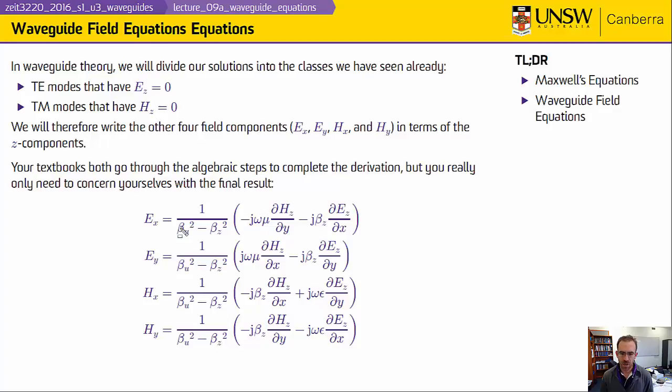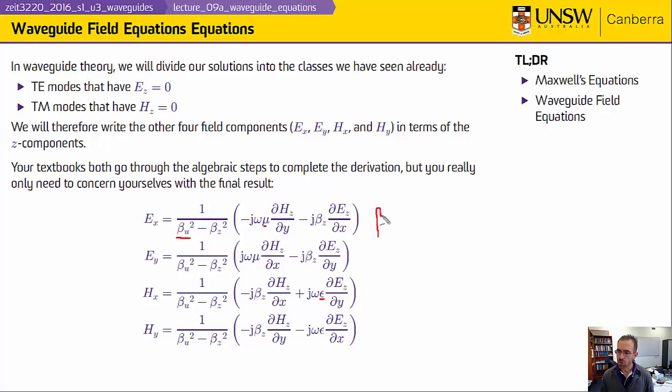Okay, we are going to use a notation that's just a little bit different than your textbook, and I'm just going to do that for clarity and consistency. So our materials involved have parameters mu and epsilon. Those are the material parameters, okay? This quantity here, beta sub u, is the wave number for a plane wave propagating in this medium.